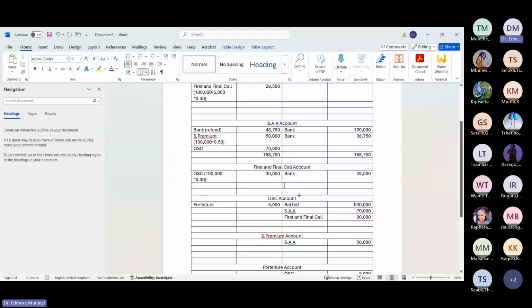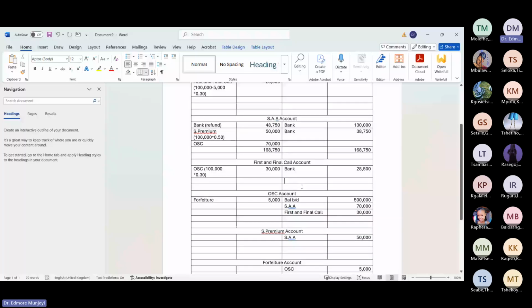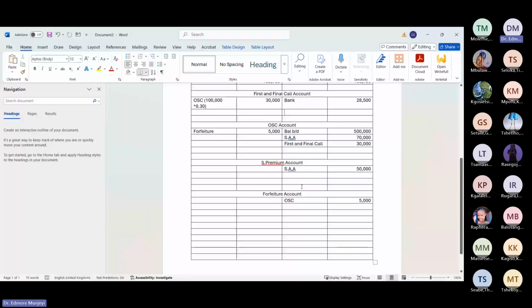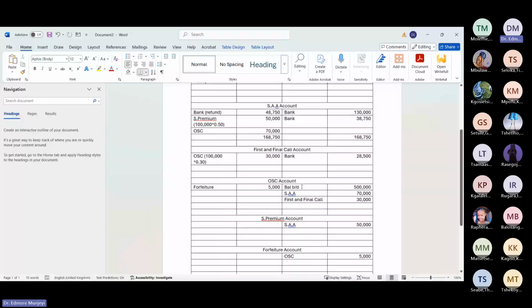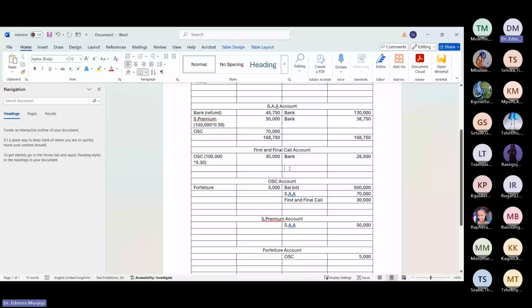So where are we? Share premium. So we are trying to close the first and final call account. Like Sarah was saying, remember the reason why we didn't get the whole 30,000 in the first and final call is that we have forfeited. Someone has forfeited his 5,000 shares. So those 5,000 shares times our 0.3 of the first and final call is going to be 1.5.